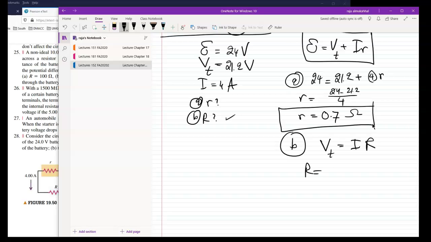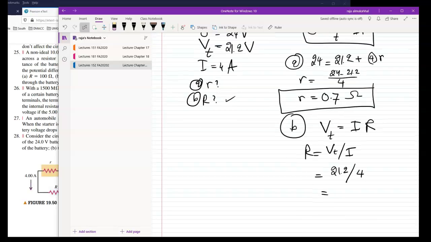And so R is the terminal voltage over I, which is 21.2 divided by 4. Answer 5.3. And there we go.